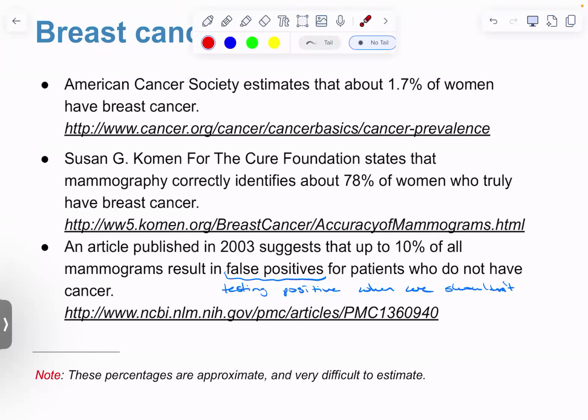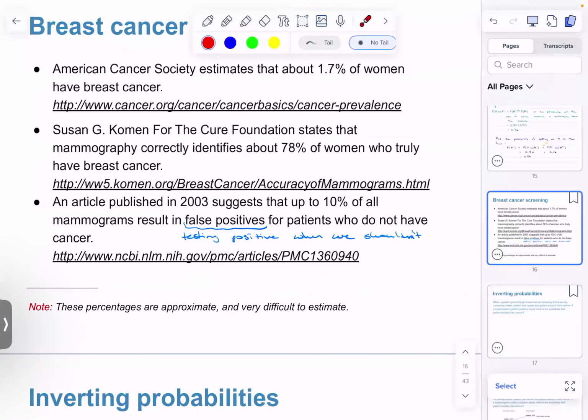I'll give you a situation not as difficult as this, but kind of like this. And the first thing I'll get you to do is draw the tree diagram with all the appropriate probabilities. And I want to show you what I mean by that.